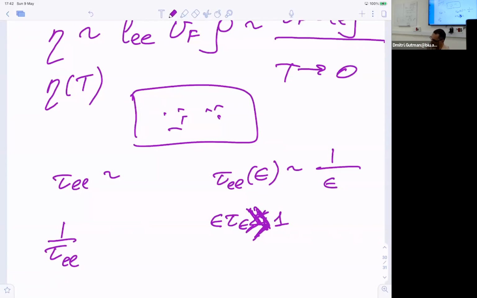Epsilon times tau of epsilon must be much larger than 1, otherwise there is no meaning of energy. Much larger than 1 when epsilon goes to 0.